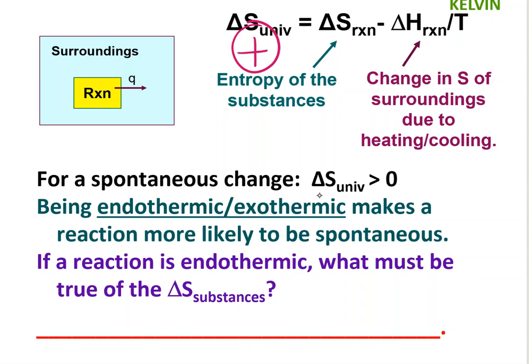So according to that, exothermic makes the reaction more likely to be spontaneous. If a reaction is endothermic, in other words, if this term is a negative term because delta H is positive, endothermic has that negative sign there. So if this term comes out negative, then I'm going to need this term to be positive and large enough to overcome this one.